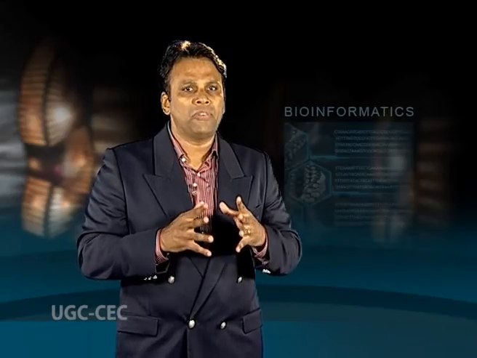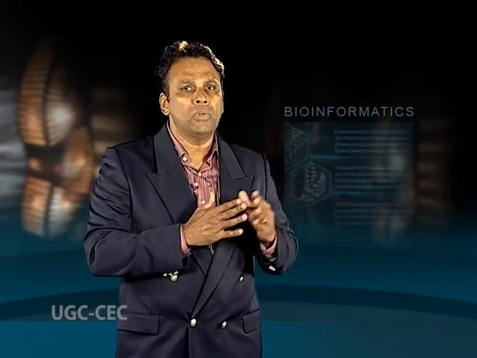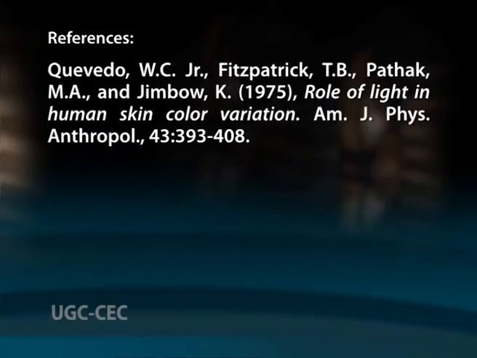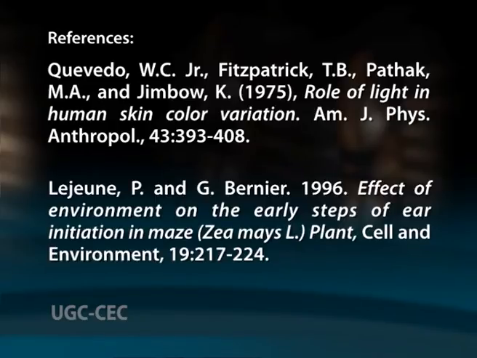Now, let us see some references which you can refer to for the part which we have already discussed. The first is a research paper entitled Role of Light in Human Skin Color Variation, authored by Quevedo, Fitzpatrick, Pathak, Jimbow in the year 1975, published in the American Journal of Physical Anthropology. The volume number is 43, page numbers are from 393 to 408.